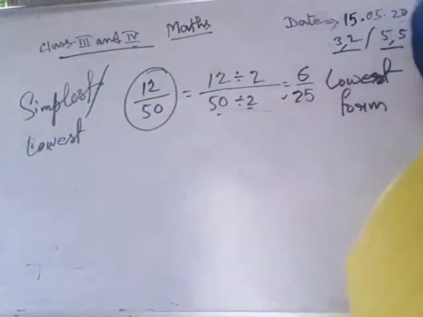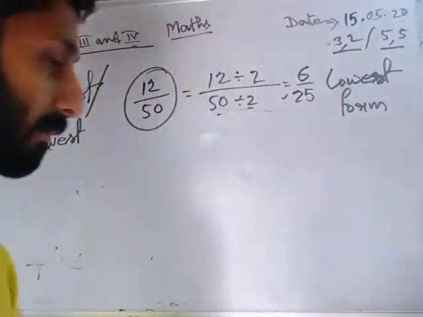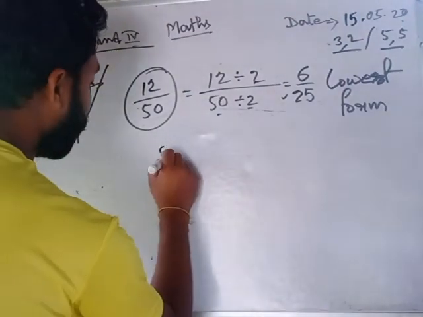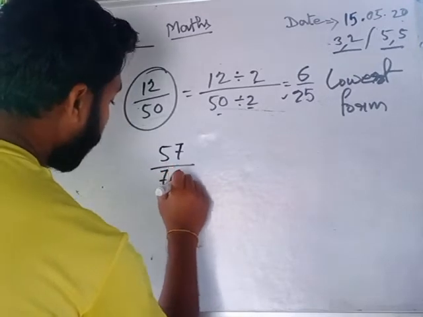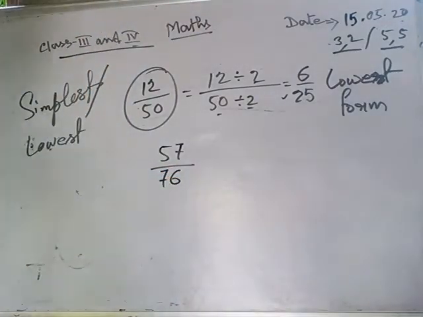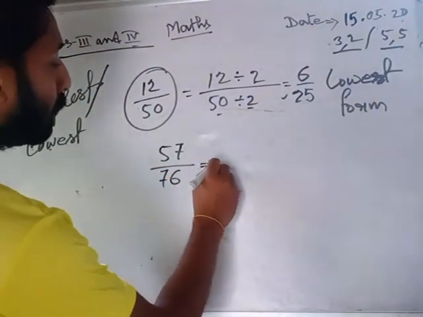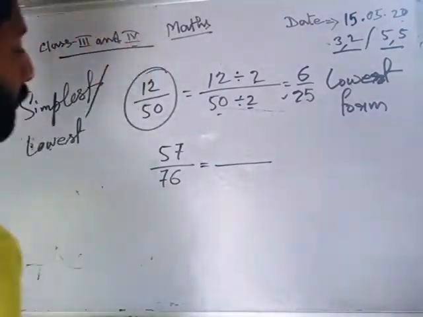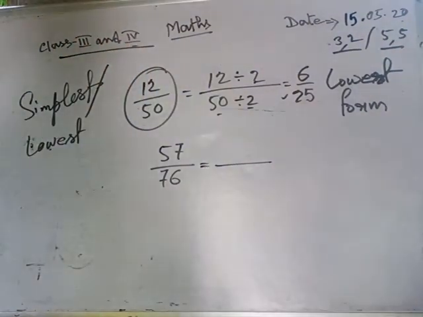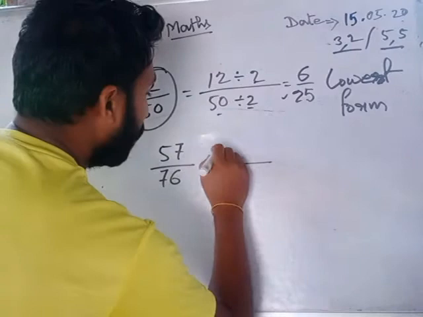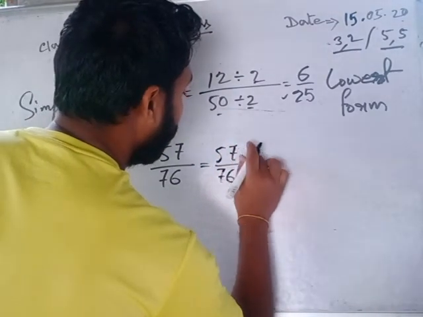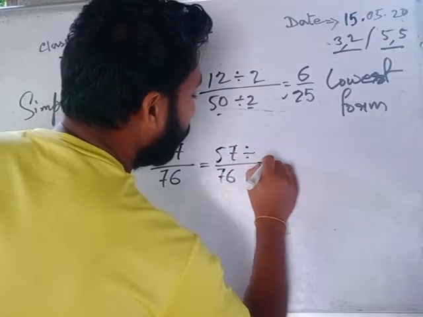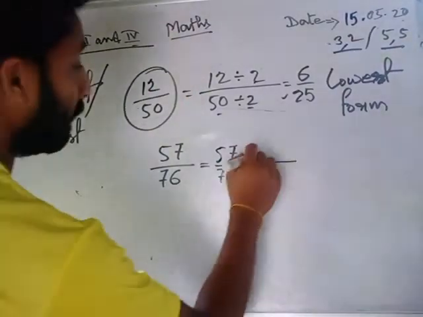So many homeworks are there from class 4. 57 by 76. At first we should find out which number both of these numbers can be divided by. 57 by 76 can only be divided by 19.